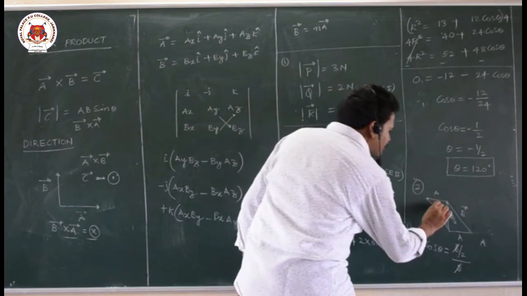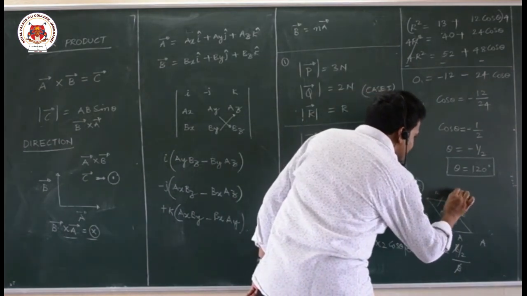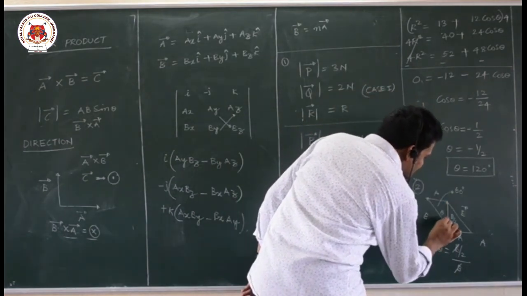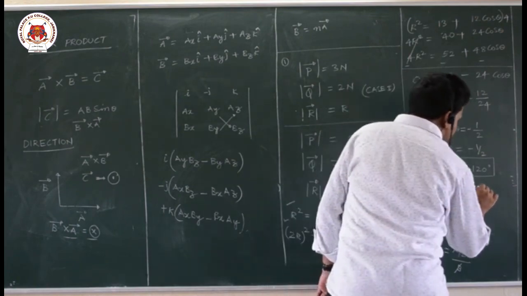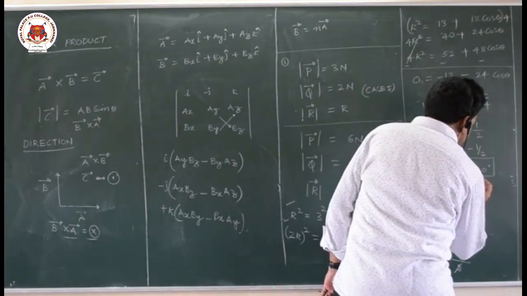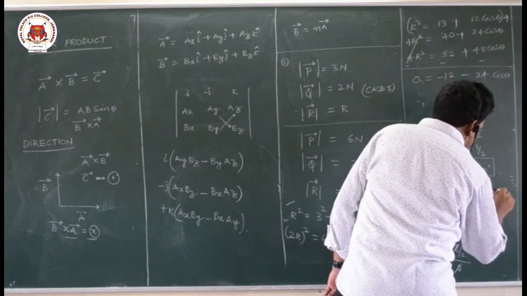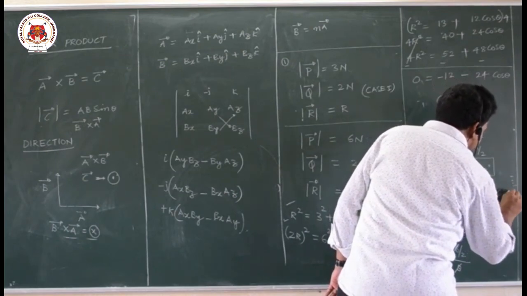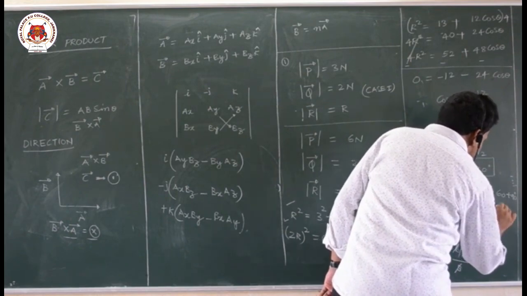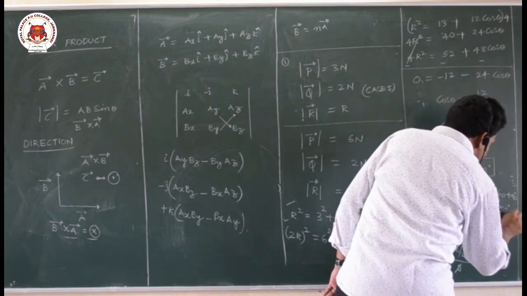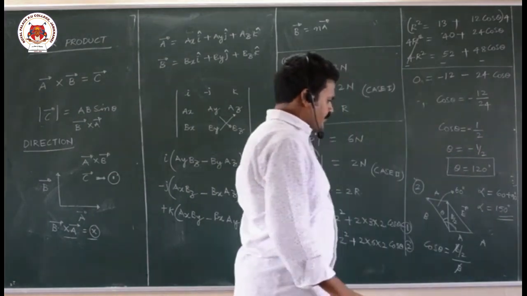That means this value you will get it as 60 degrees. Then what is asked is the total angle. So total angle, take it as alpha. Alpha is equal to 60 plus 90. Therefore alpha is equal to 150 degrees. So this is the condition.